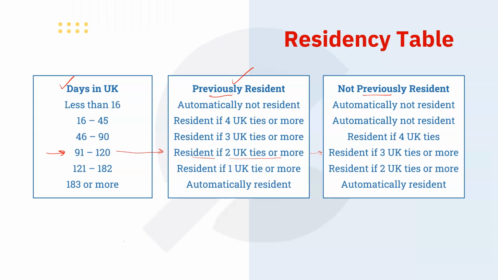If, however, he was previously non-resident, then he will be treated as UK resident only if he is able to prove that he has 3 or more connections with the UK in the relevant tax year. In case he is unable to prove these ties or connections, he will be treated as a non-resident in the tax year. But what ties does he need to prove?